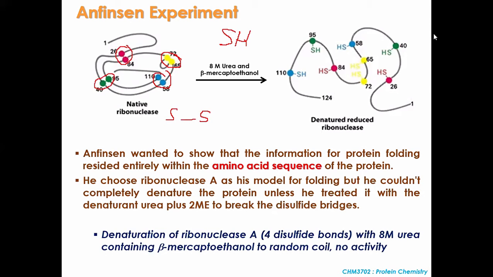But even when the water is stripped off, there are still 4 disulfide bonds that keep the protein in its structure. So that's why he added beta mercaptoethanol to completely break the disulfide bonds. You see here, all the disulfide bonds are broken, so the protein can be unfolded completely.